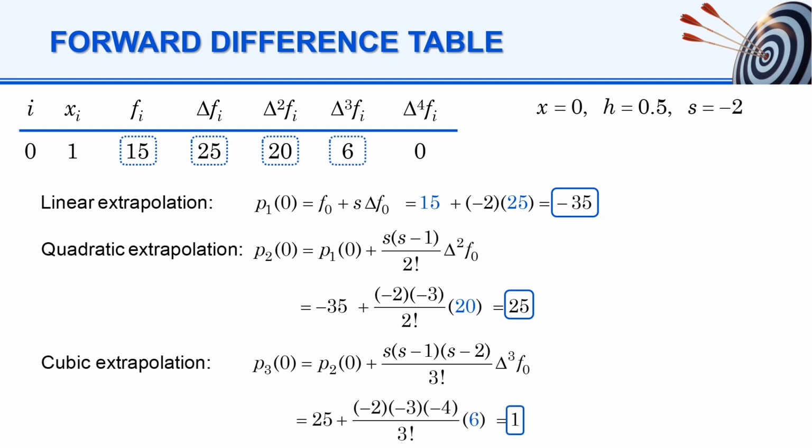Since the last fourth-degree difference is 0, we cannot improve the extrapolation any further. Meanwhile, notice that, as we increase the polynomial estimation, the magnitude of each new term added has decreased. The extrapolated value with the cubic polynomial turns out to be the true value.